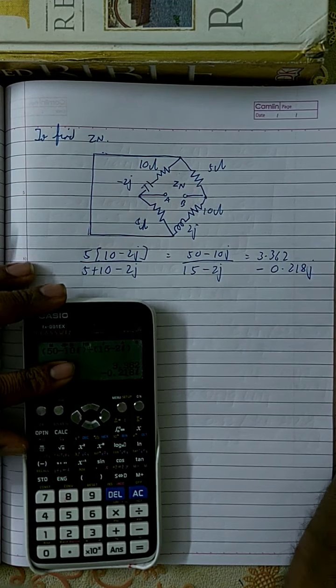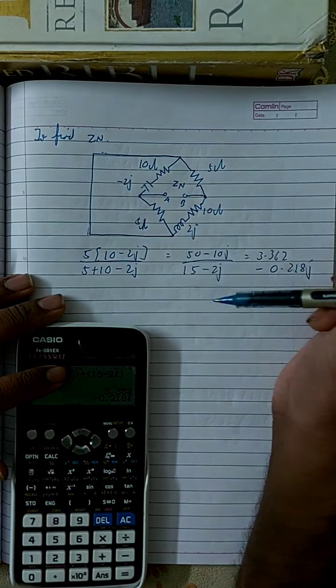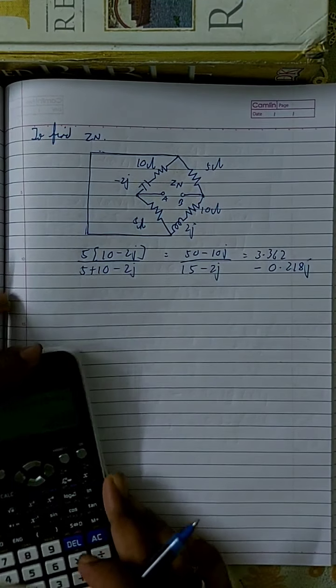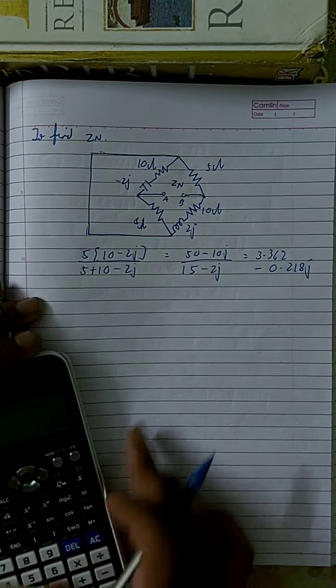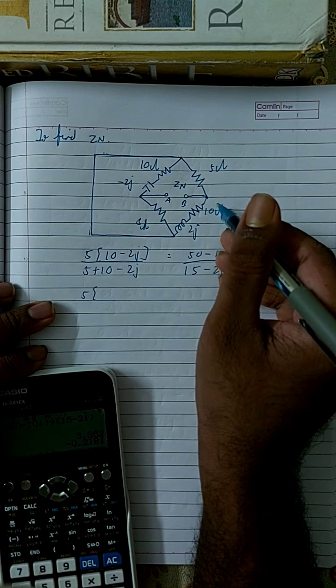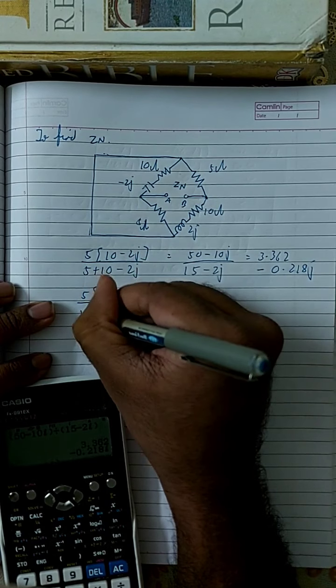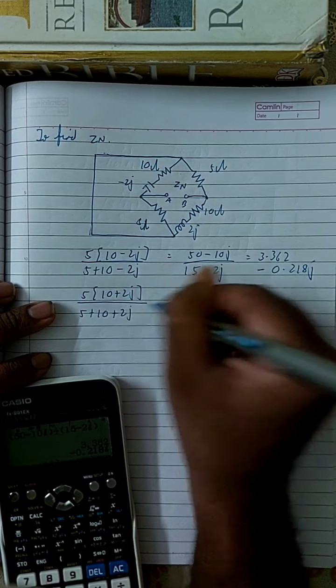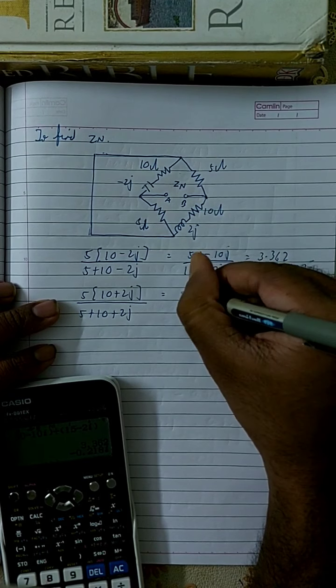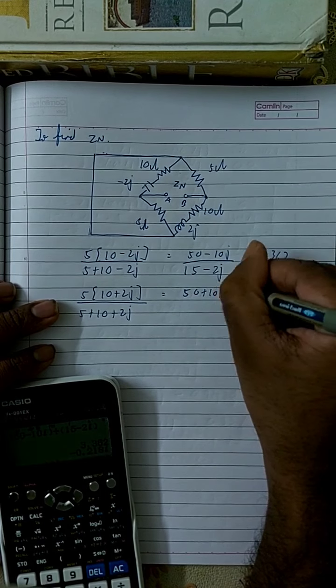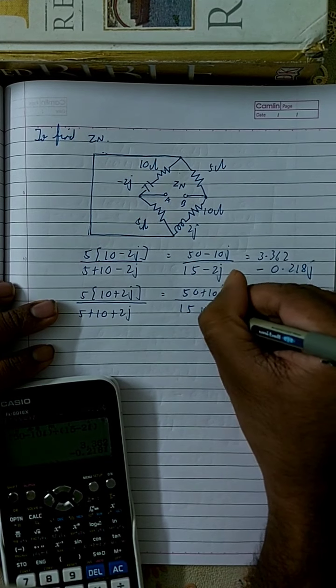Similarly, these two branches are also parallel to each other, because one end of both the branches is connected to B, and the other end of the branches is also connected to the same connection. So if I want to find the parallel of these two, it will be 5 into 10 plus 2J by 5 plus 10 plus 2J, which is 50 plus 10J by 15 plus 2J.